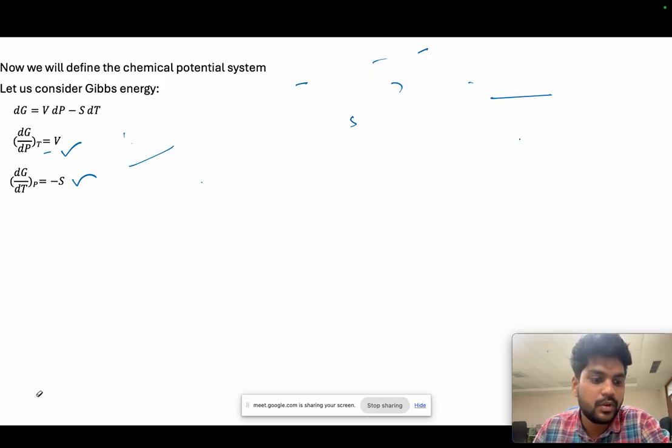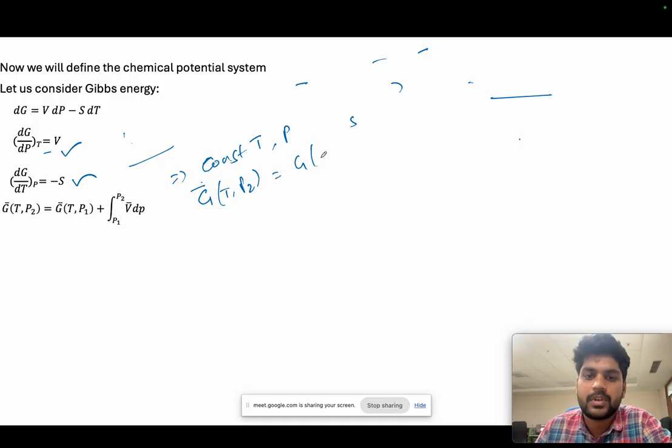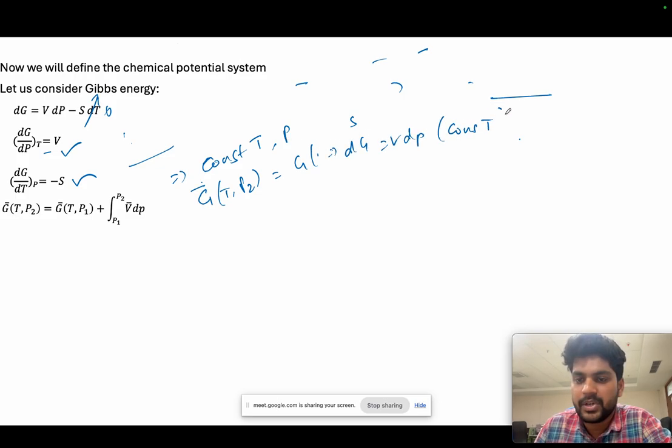At constant temperature I am not changing the temperature, I am changing only pressure. If I put constant temperature, the dT term gets 0. So now the equation is dG equal to VdP at constant temperature.